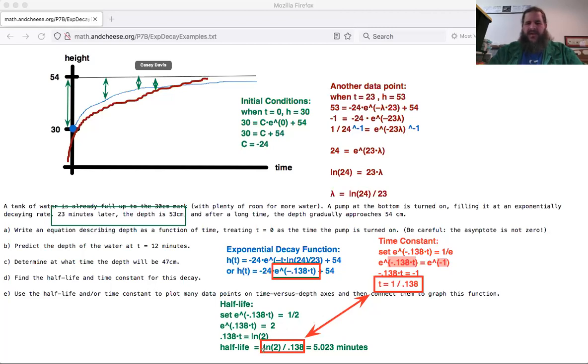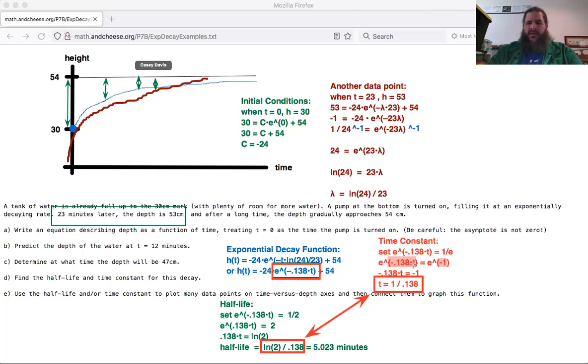Yeah, we just got this extra logarithm of 2 in the numerator. The half-life in general is going to be the time constant times logarithm of 2. Or in the other direction, if you know the half-life, you can divide by logarithm of 2 to find the time constant. So that's always going to be true. The half-life is always the time constant times logarithm of 2.